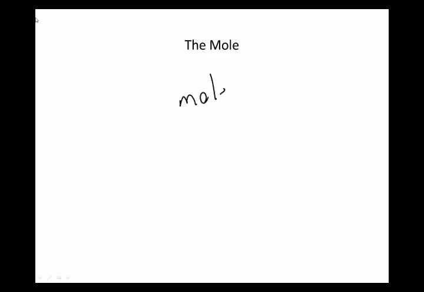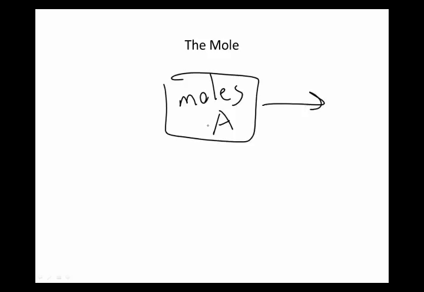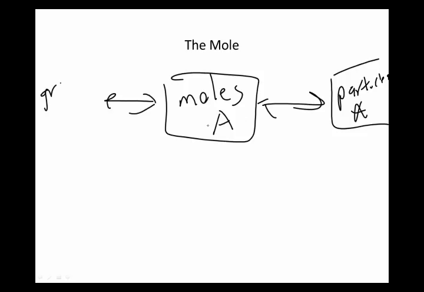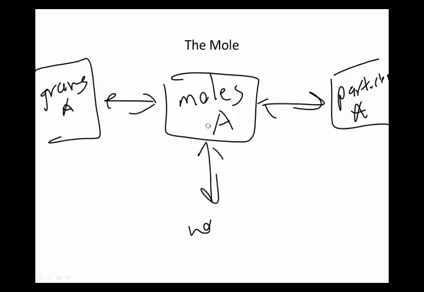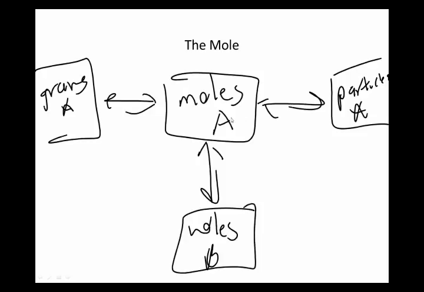Imagine moles of A. I can go between moles of A to particles of A. And then I can go from moles to grams of A. And I can go from moles of A to moles of B. Now, it's important to understand in this drawing, the relationship between A and B is one of them is a whole compound and the other is an element within the compound.